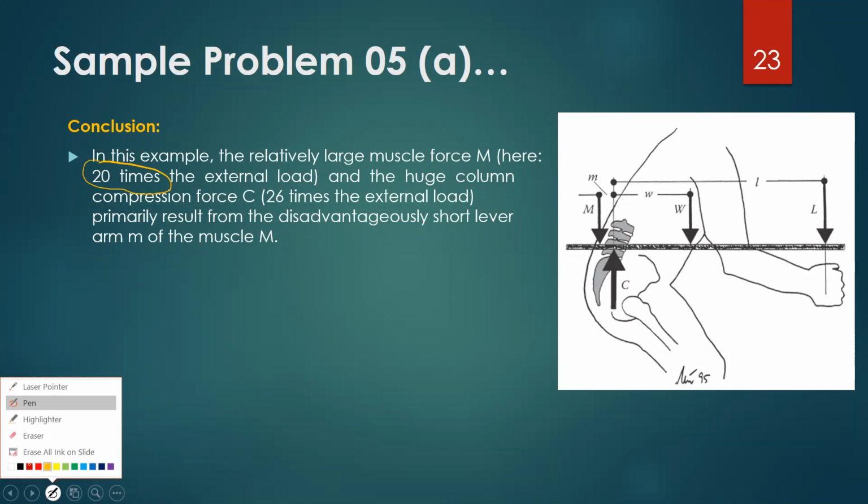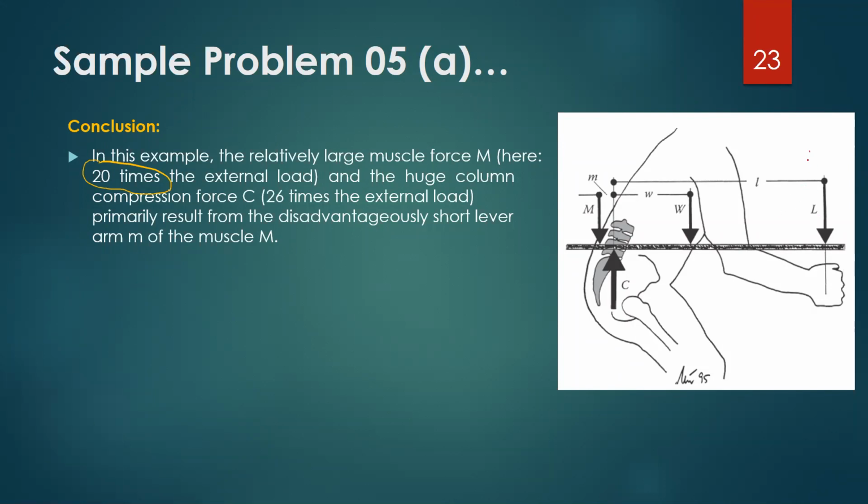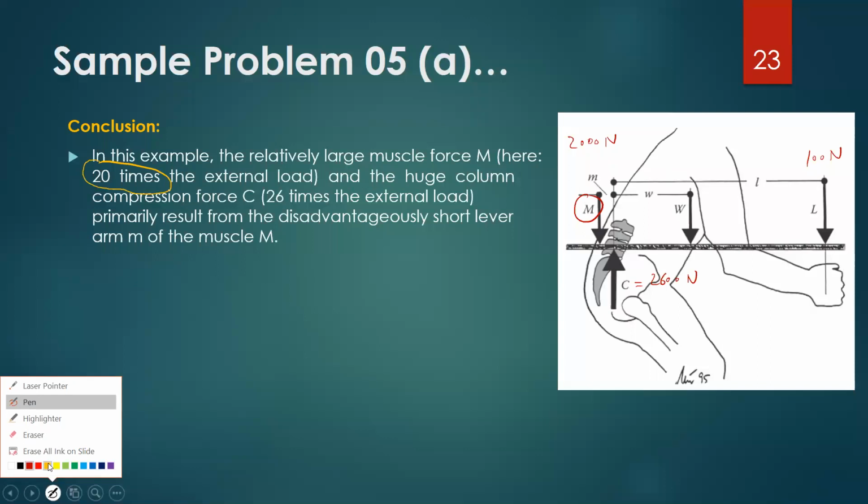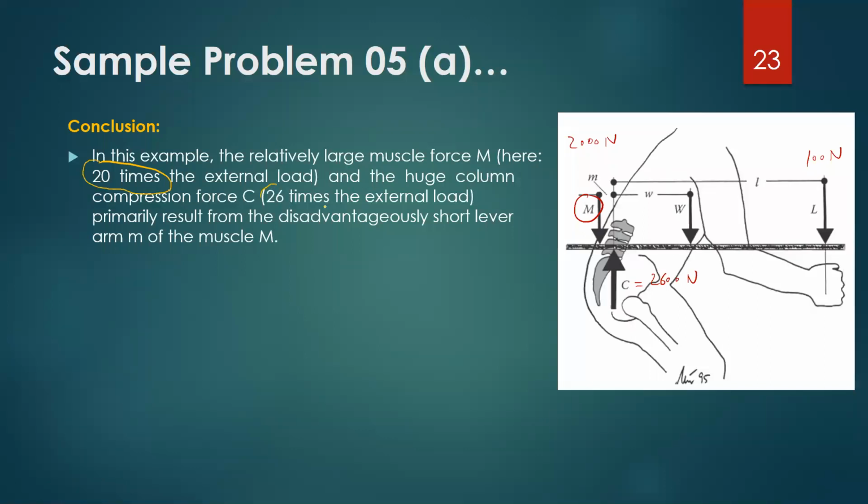So the load was 100 newtons, and this force M turns out to be 2000 newtons. So that is 20 times this load. And this C was 2600 newtons. So that is about 26 times the external load, the load of 100 newtons.